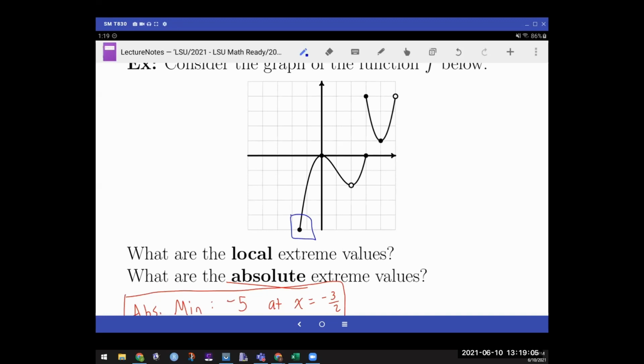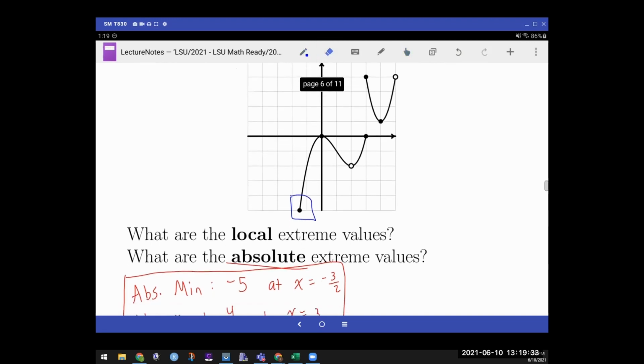It's not in its own little neighborhood. I would consider a point in a neighborhood if there are points to the left and points to the right of it. For it to be a local anything, it has to be in a little neighborhood. So this one is out of the picture.